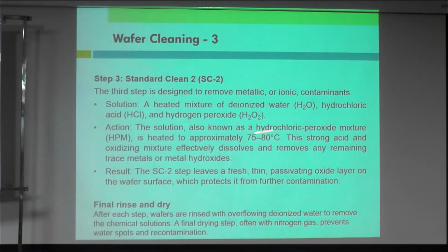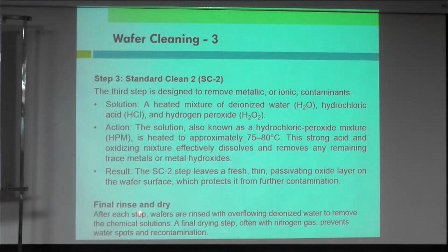So this strong acid and oxidizing mixture effectively dissolves and removes any remaining trace metal or metal hydroxide. So the SC2 step, standard clean step, leaves a fresh, thin, passivating oxide layer on the wafer surface, which protects it from further contamination.